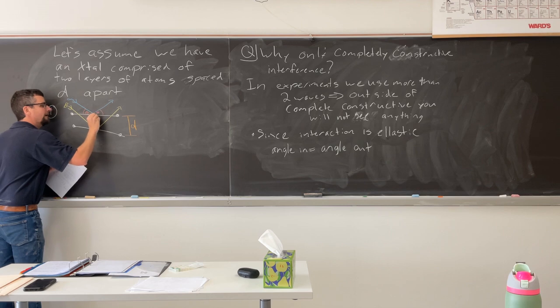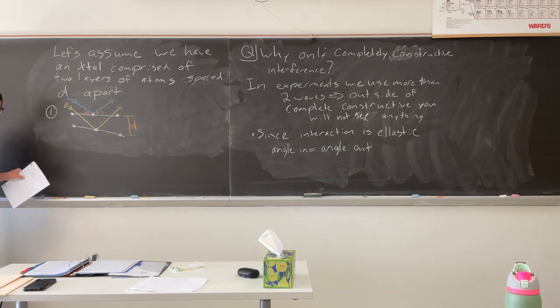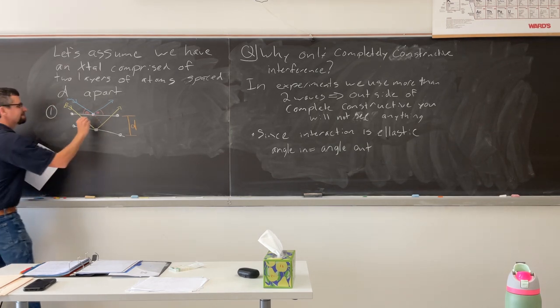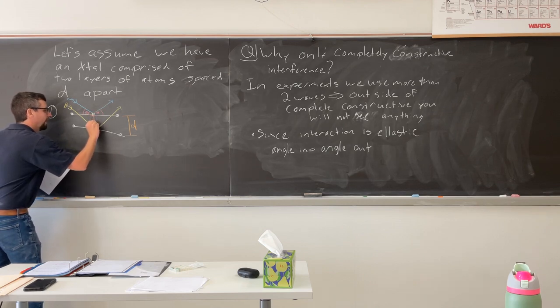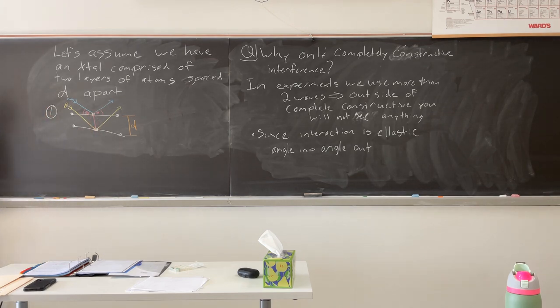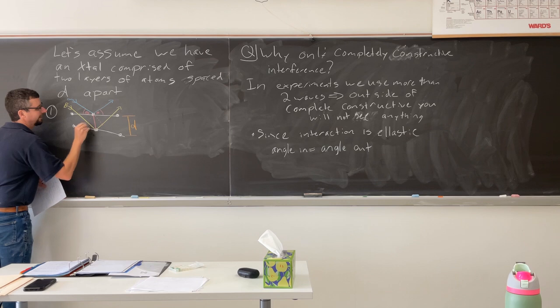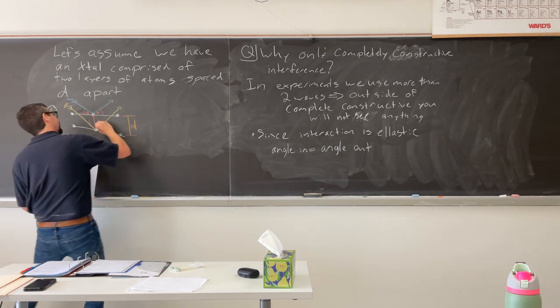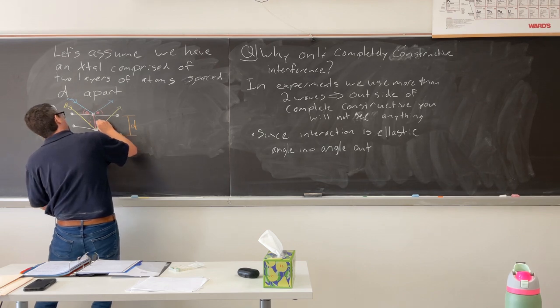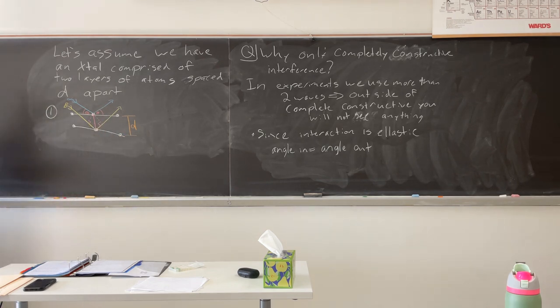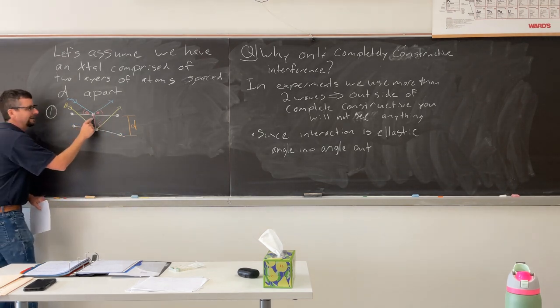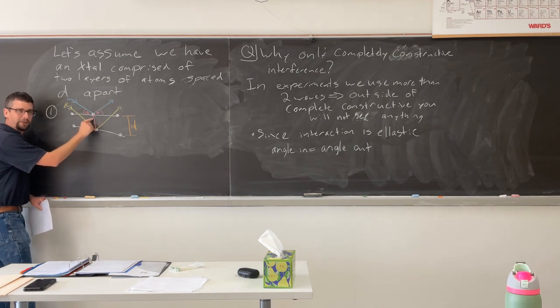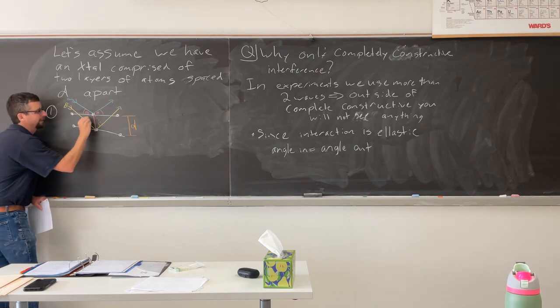If we go like this, hey, look, and we draw a line directly down, what do we got here? A right triangle. On this side, what do we got? Yeah, a right triangle. Now, this angle in here, what's it equal to? It's equal to theta.